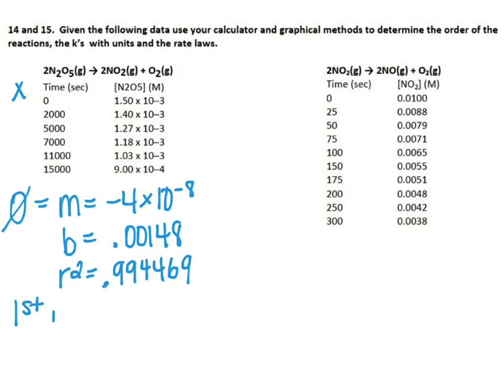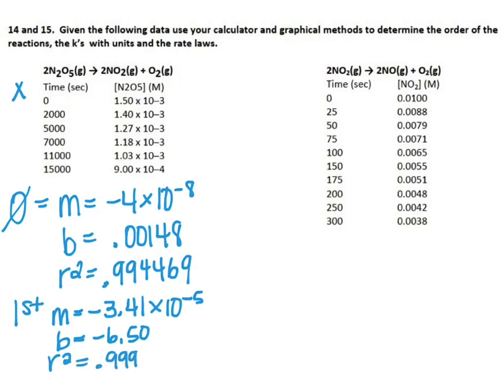This time my M is negative 3.41 times 10 to the negative 5th, my B is negative 6.5, and my R squared is 0.999896.